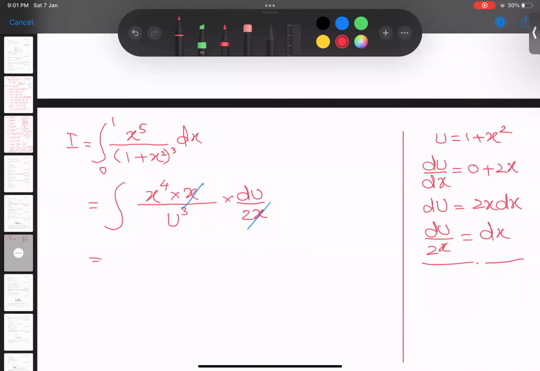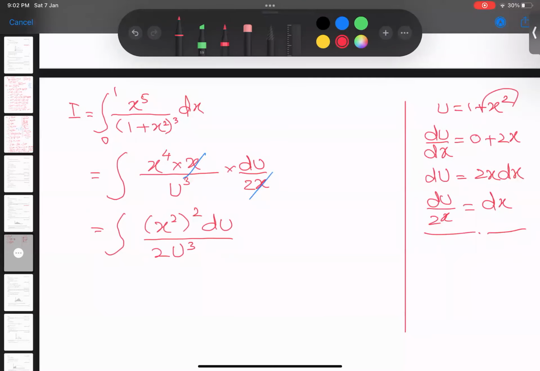I can write x to the power 4 as x square to the power 2. And I have du, and down I have 2u cube.